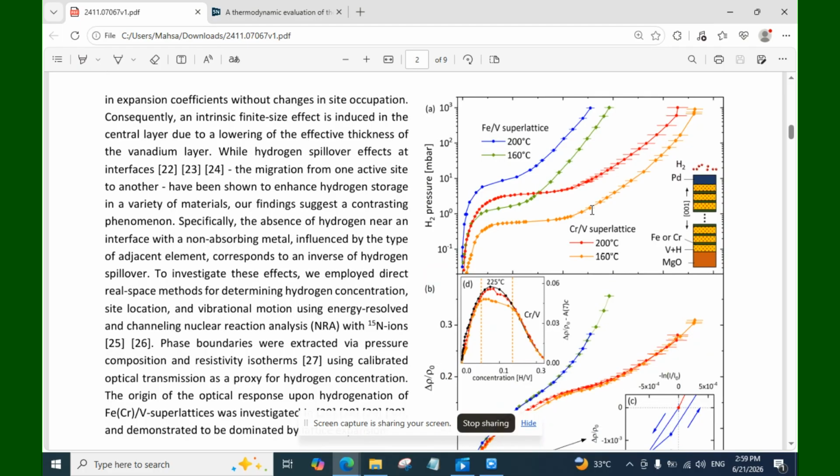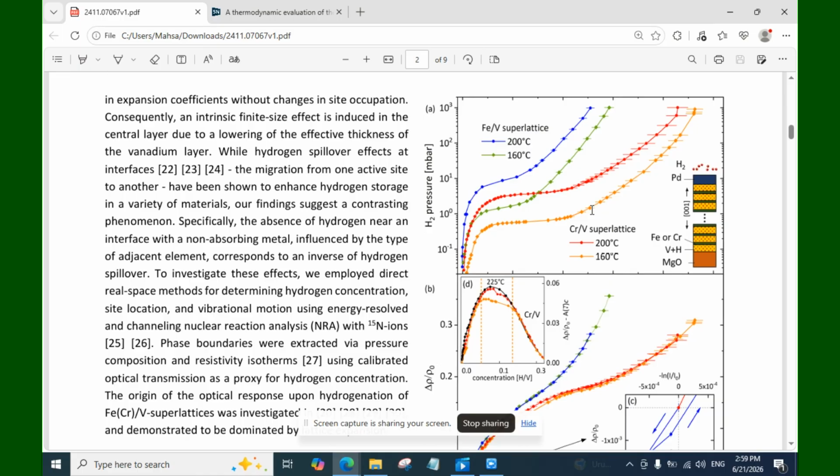Consequently, an intrinsic finite size effect is induced in the central layer due to a lowering of the effective thickness of the vanadium layer, while hydrogen spillover effects at the interface, which are related to references 22, 23, 24, and the migration from one active site to another, have been shown to enhance hydrogen storage in a variety of materials.